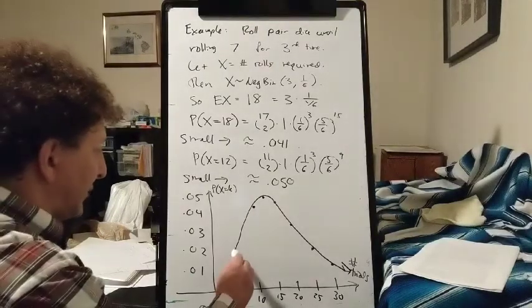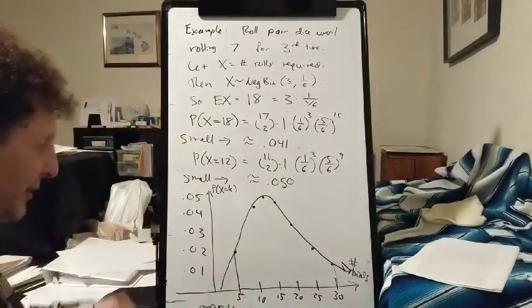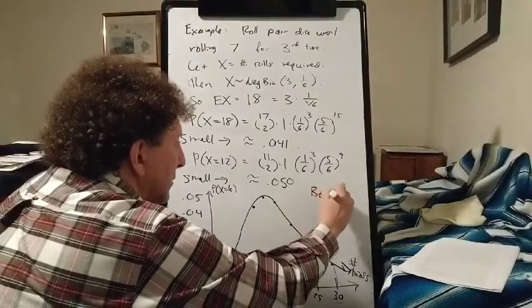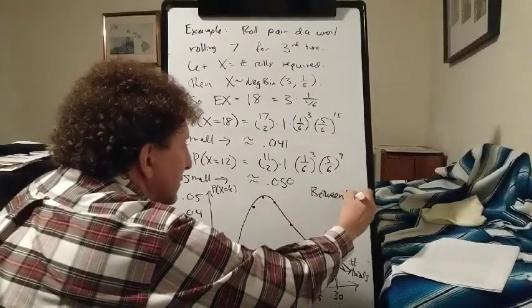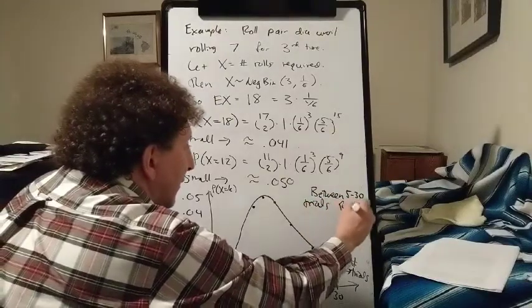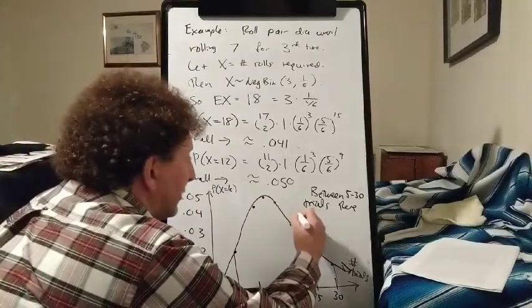So we can see that between 5 trials and 30 trials, we've got a significant amount of the probability. Between 5 and 30, there's about 25 numbers.